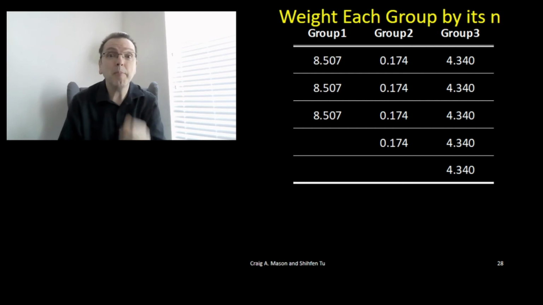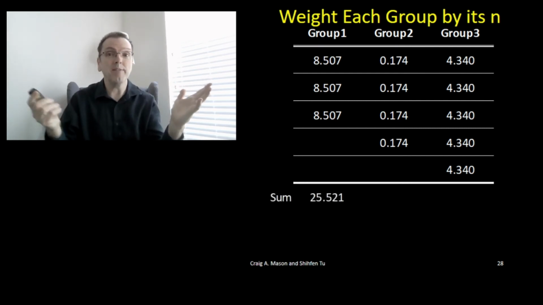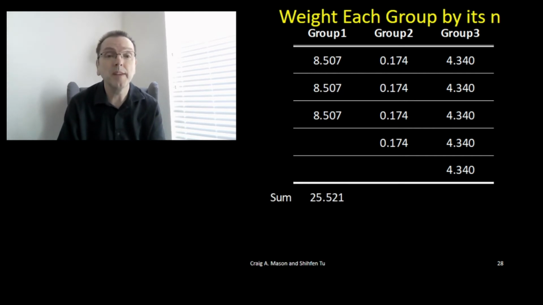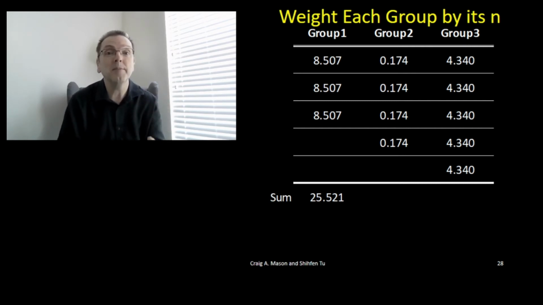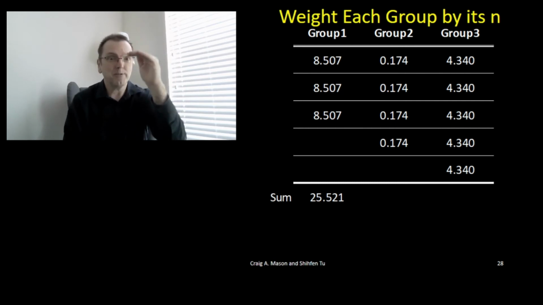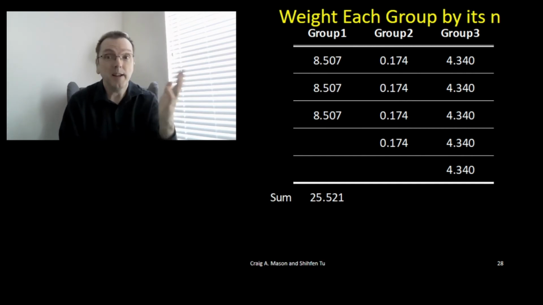And if we add up those 3 8.507s, we get 25.251. Similarly, each of the 4 people in group 2 has a squared deviation between their group mean and the grand mean of 0.174. Each person has that 0.174. So we add that up across all 4 people, and we see that sums to 0.694.